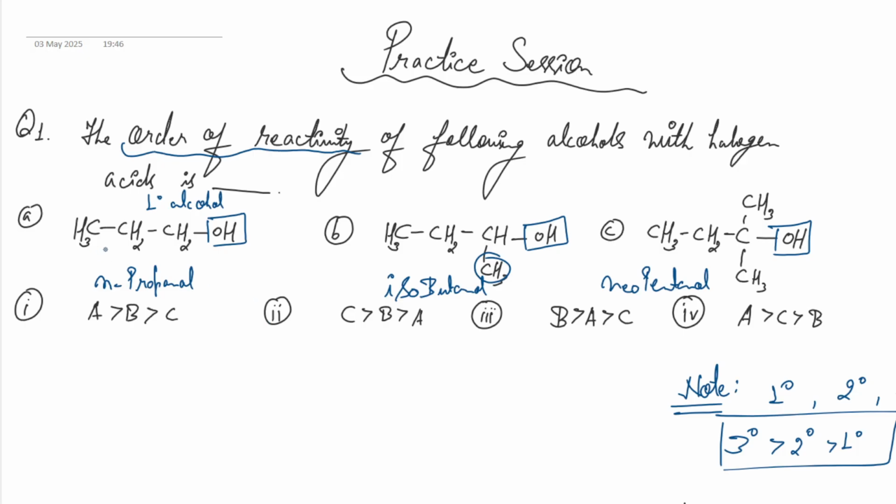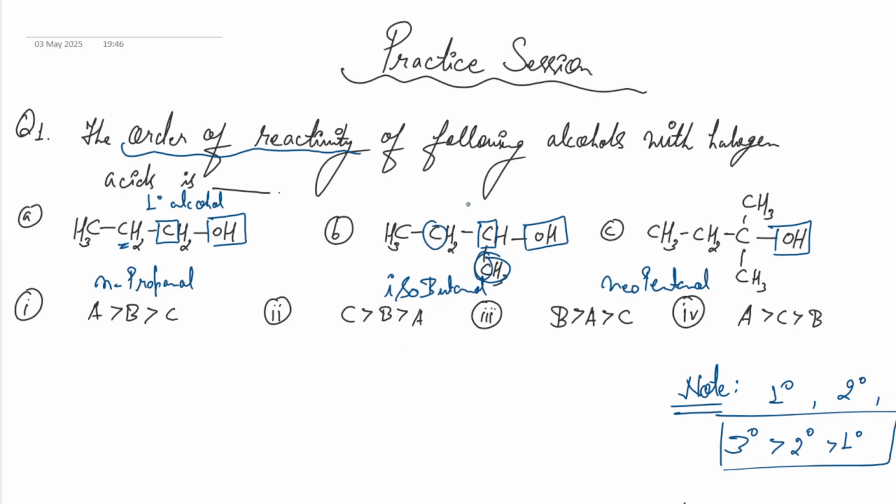Why? Because the carbon on which the OH is attached is attached with a single carbon next to it. So that's why this is the primary alcohol. The second option is the secondary alcohol: this carbon is connected with 2 different carbons.